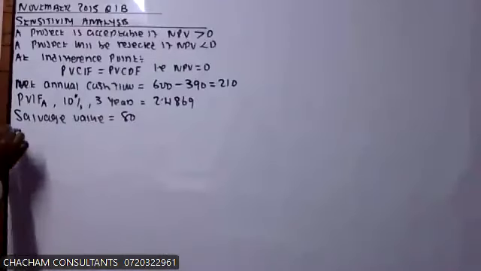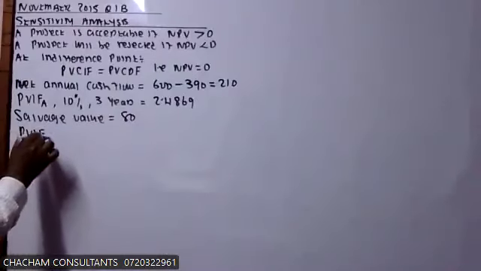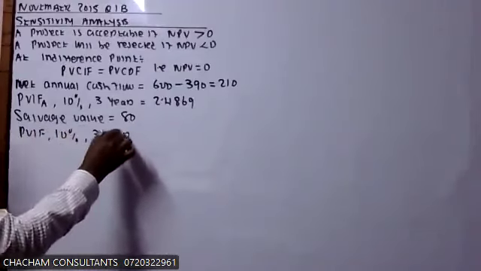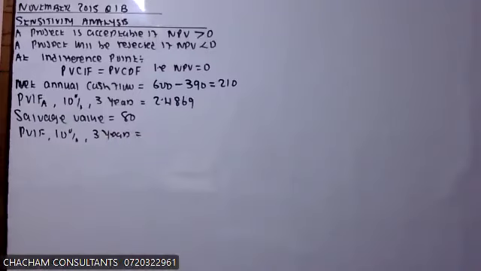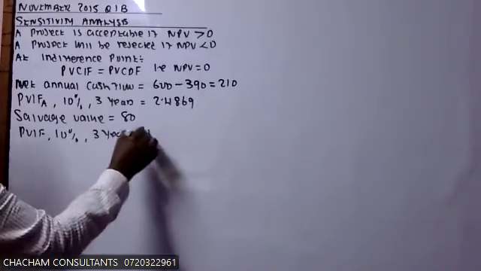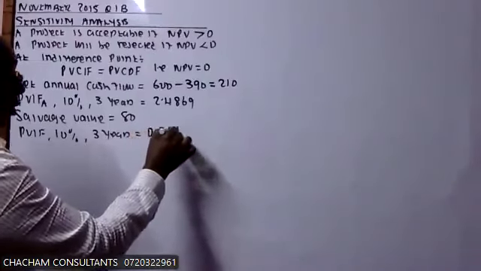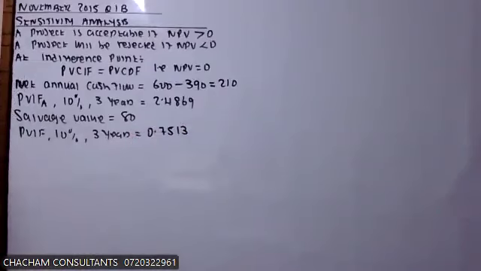So we need to get the present value interest factor again at 10% for 3 years. It is 0.7513. Good.